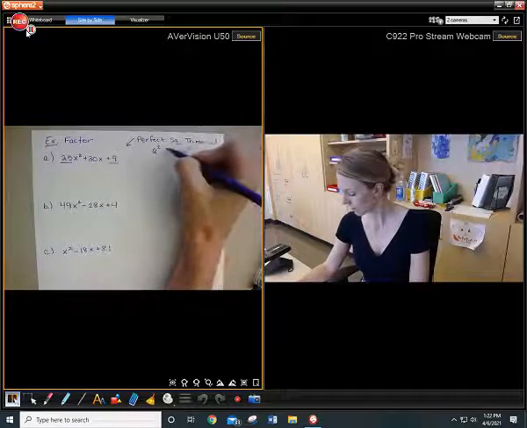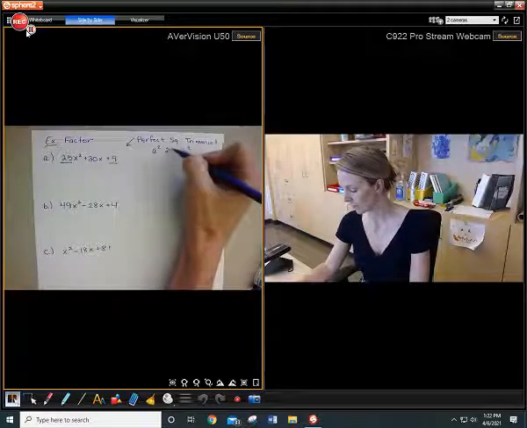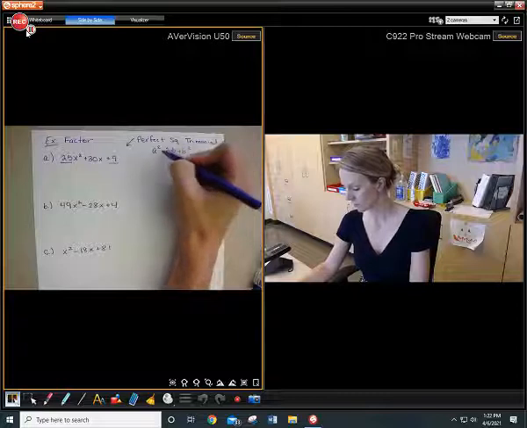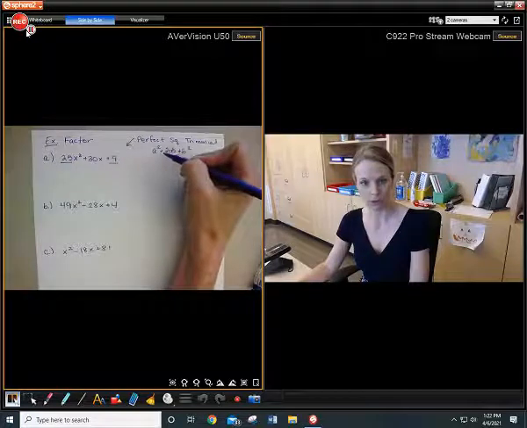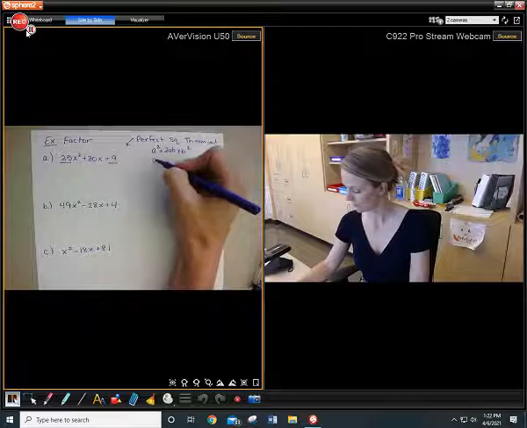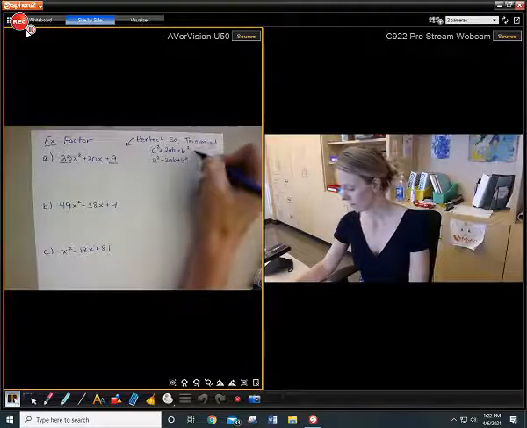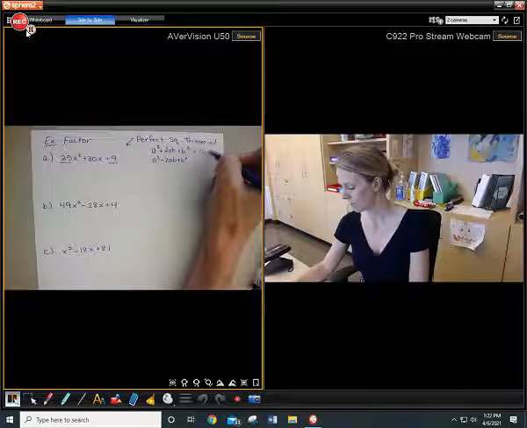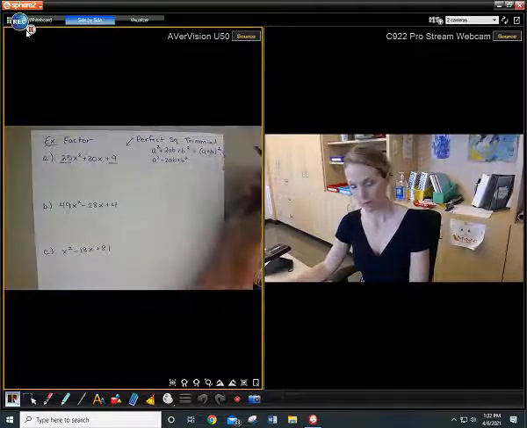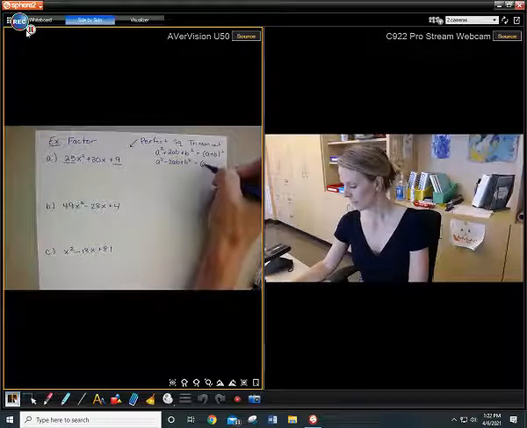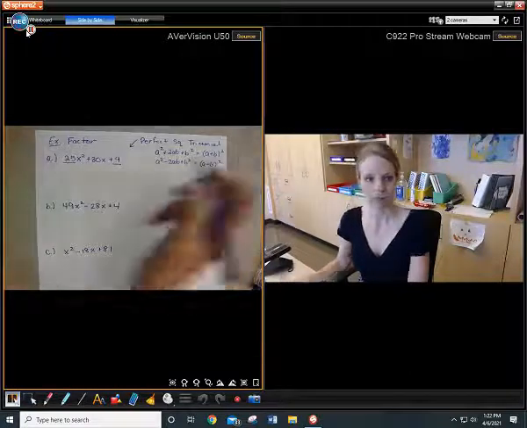Now the middle number has to be double the product of those squares. Okay, and this could be a plus or that could be a minus. Okay, so that's another option. And if so, then it's going to factor into that a plus b squared or a minus b squared. So let's take a look.